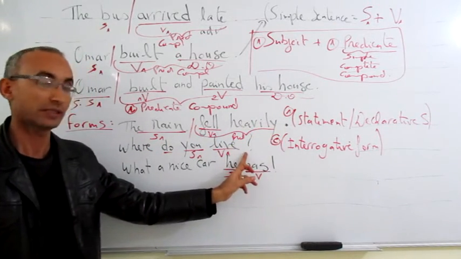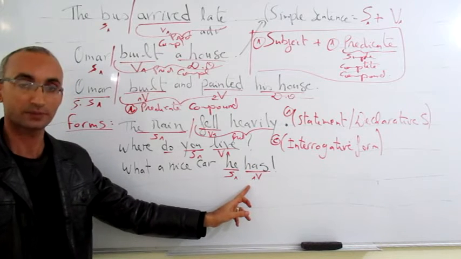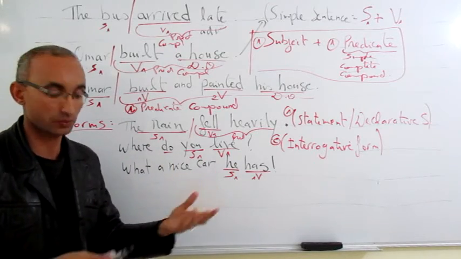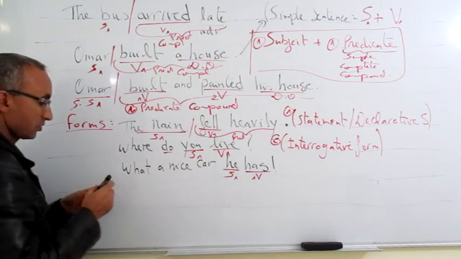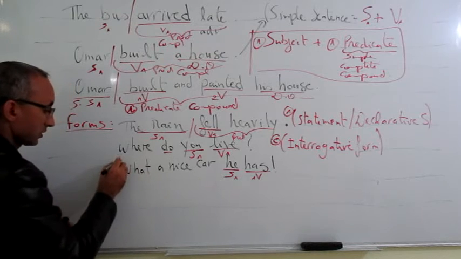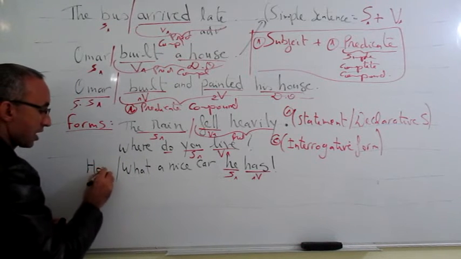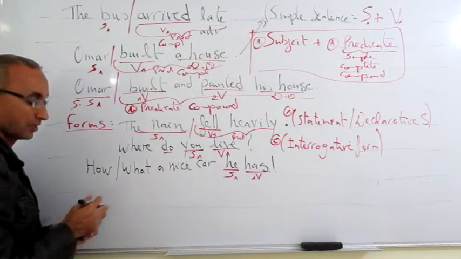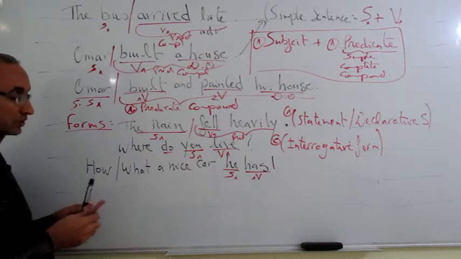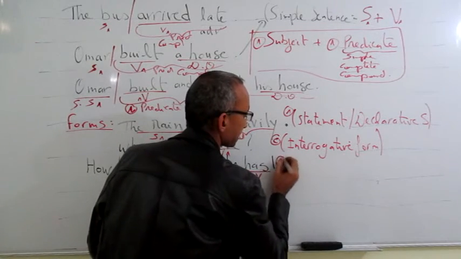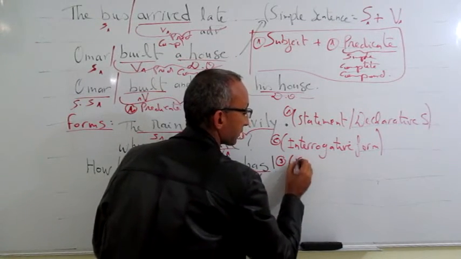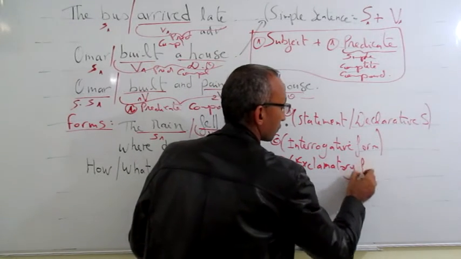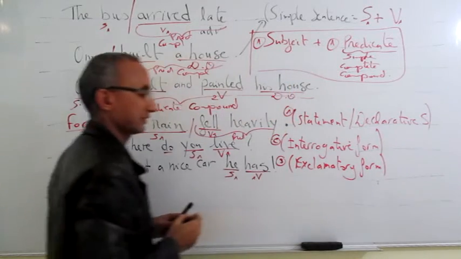Statement, interrogative, and this one is called what? Exclamatory sentence, which usually starts with what? What? Or sometimes we use how. How intelligent he is. So here, number 3, is called the exclamatory form of the English sentence.